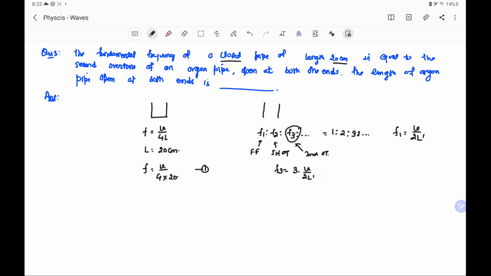Now we have to find L dash, that is the length of the open pipe. As per the question, F and F3 are equal. So V by 4 into 20 is equal to 3 into V by 2L dash. V and V get cancelled. Similarly, 2 can also be cancelled here. It is 10. So L will be equal to 3 into 4 into 10, that is equal to 120 centimeter. This is the answer.